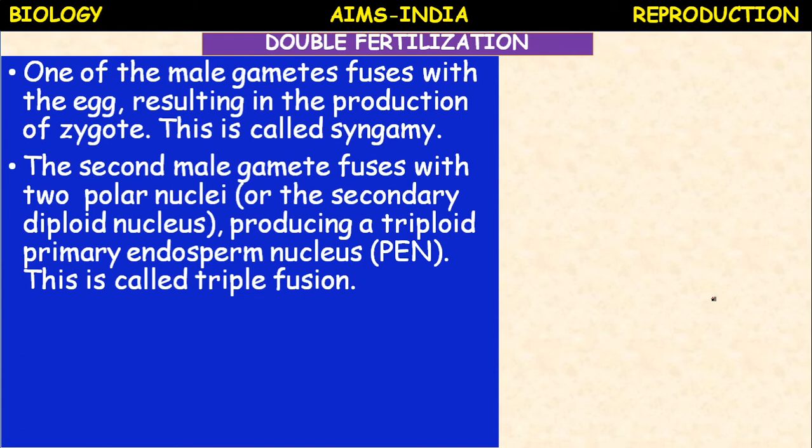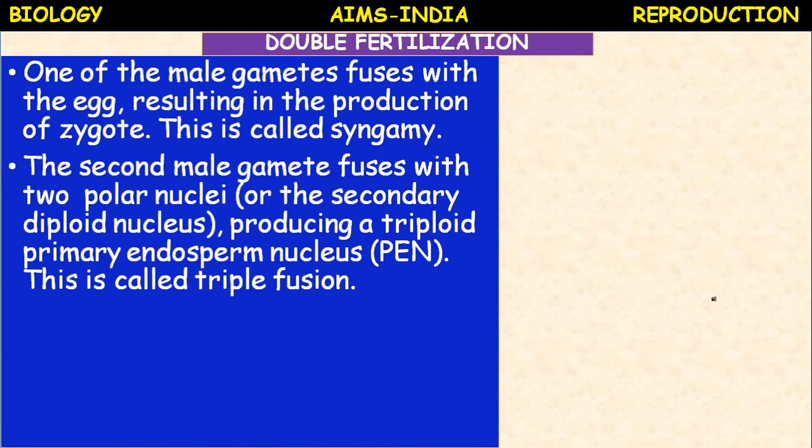The other male gamete moves towards the two polar nuclei or secondary nucleus located in the central cell and fuses with them to produce a triploid primary endosperm nucleus, or simply PEN.